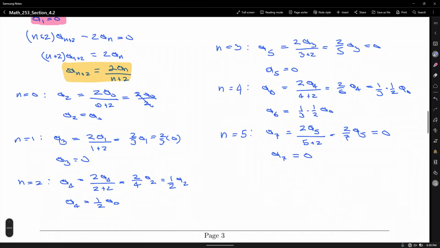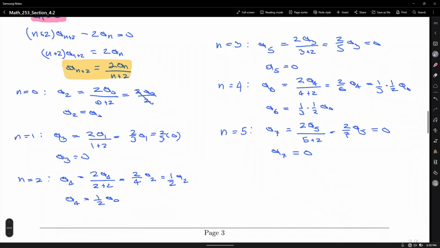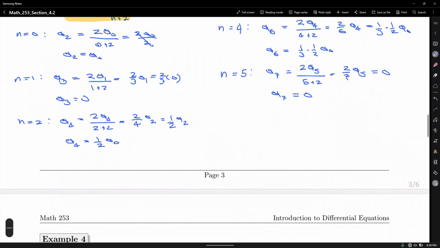This is good enough. Okay, now let's go back to what we assumed. No, no, no, hold on. Let me do n equals 6. So this will be a sub 8 equals 2 a sub 6 over 6 plus 2, which is 2 over 8 a sub 6, which is 1/4 a sub 6.